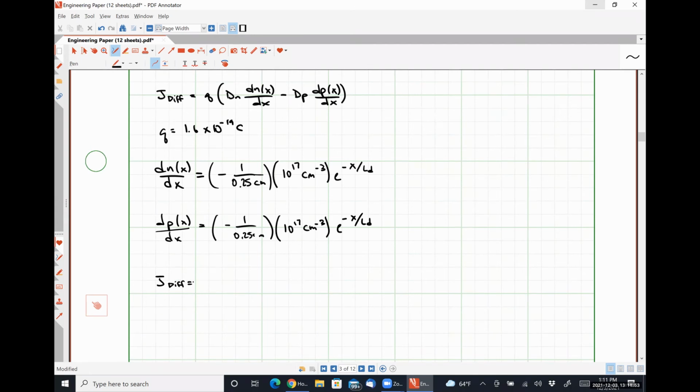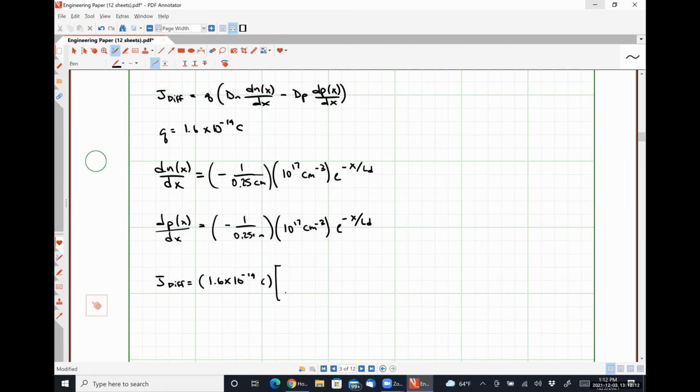And so from this, our diffusion current density is going to be 1.6 times 10 to the negative 19 coulombs times dn minus dp, right? Because the derivative bits are the same, so I can lump those together.